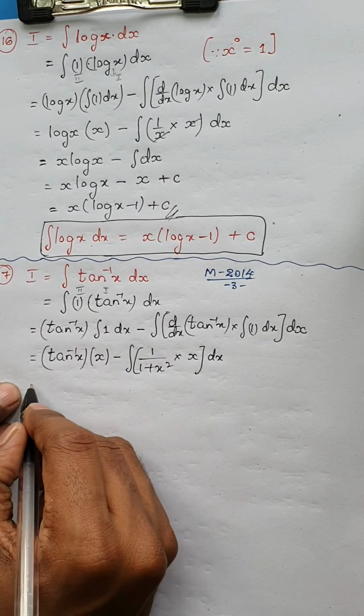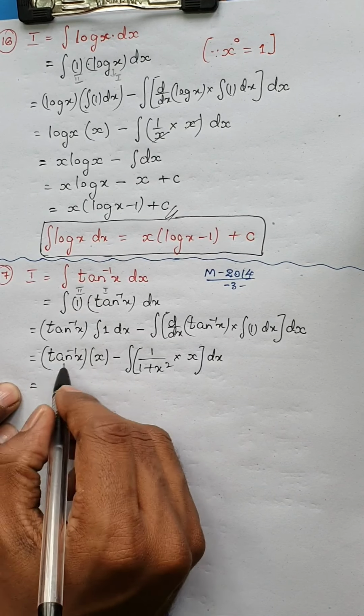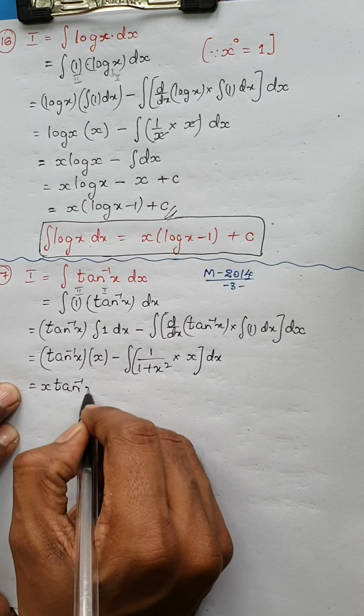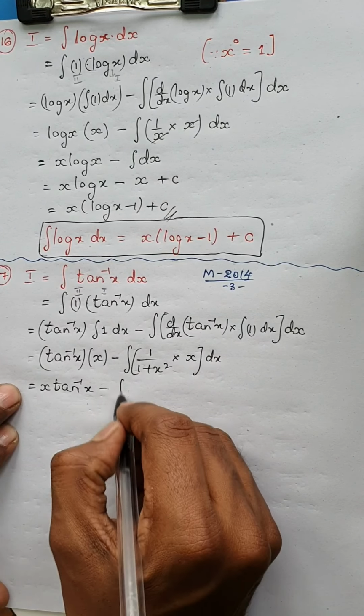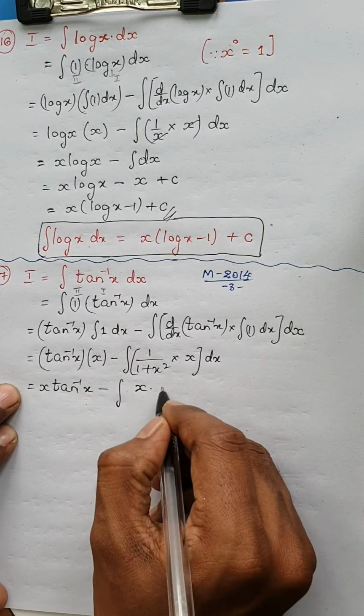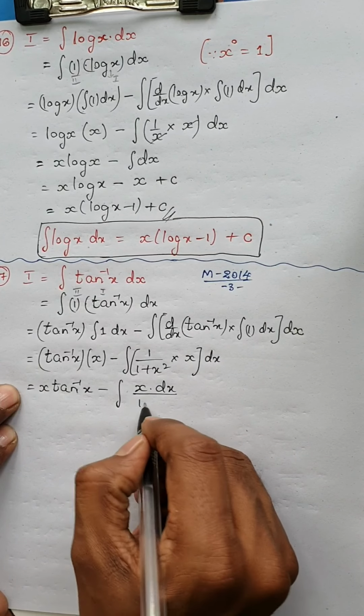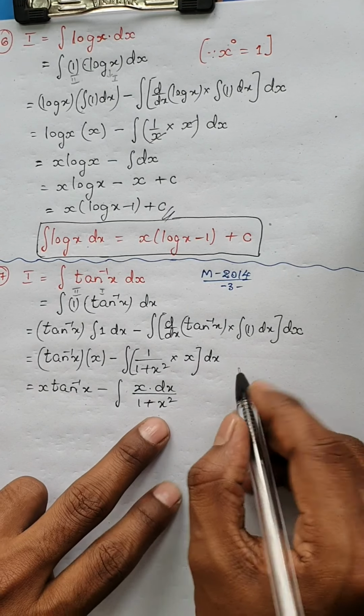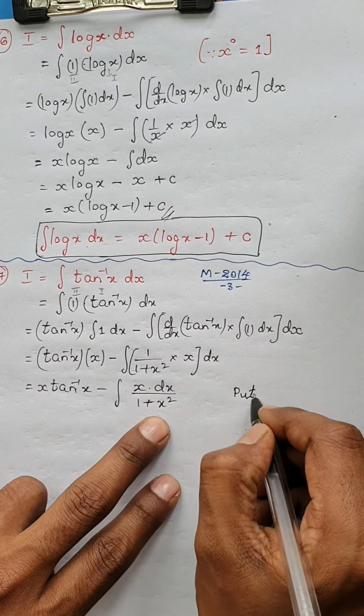As we did in the previous case, don't write tan inverse of x square, rather it is x tan inverse x minus the integral of x dx divided by 1 plus x square. Here I am going to use the process of substitution to solve this.